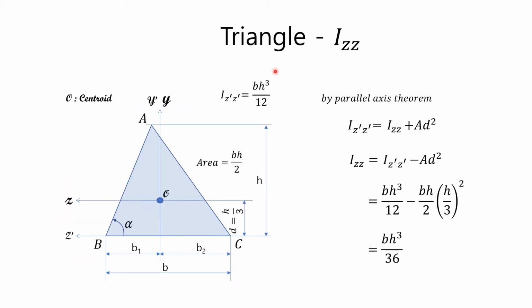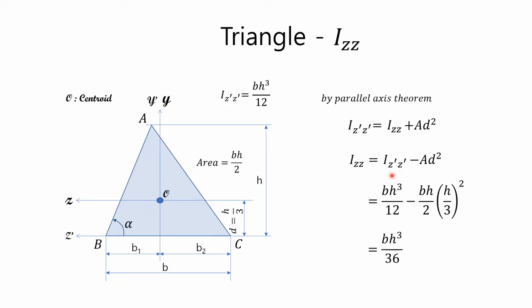By the parallel axis theorem, we can obtain the second moment of area for a triangle, having the coordinate system of which origin locates at the centroid and its horizontal axis is parallel to the base of a triangle. Rearranging the equation of parallel axis theorem, we can have this equation.